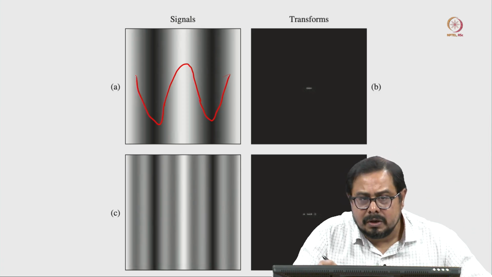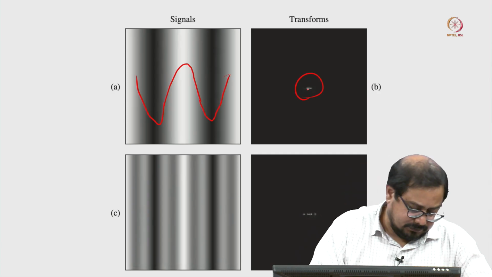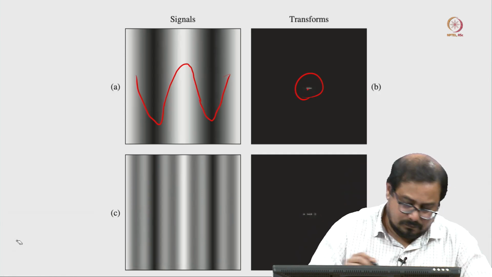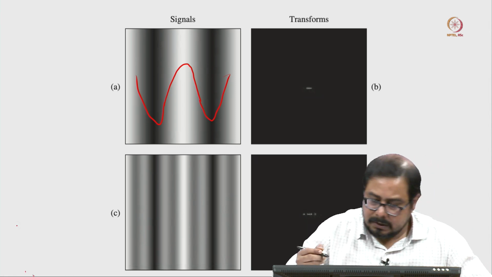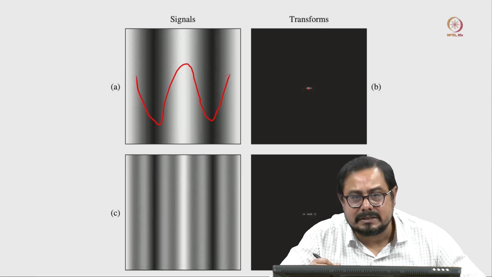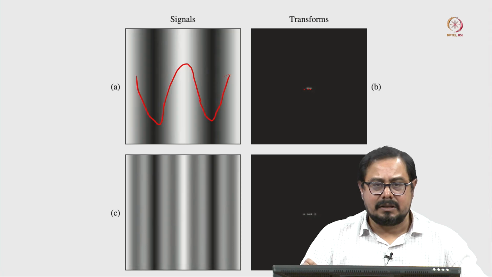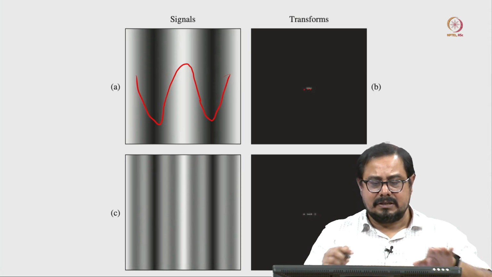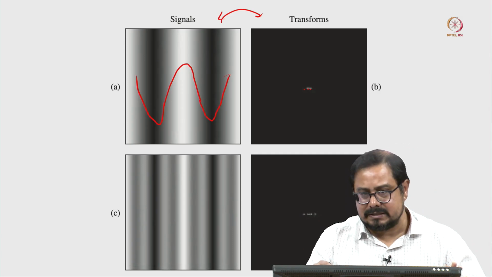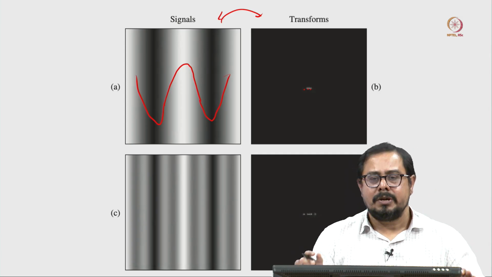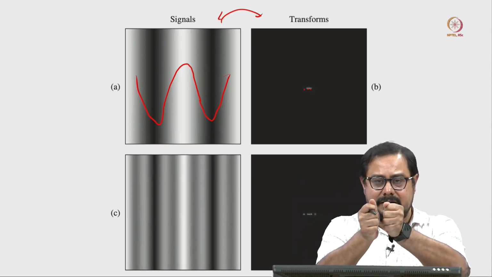If you look here, you can see one bright spot at the center, and then in a very nearby area you get two other spots. So this is the signal and the transform. Here this is the image, and when it is transformed you get this kind of diffraction pattern. Here the frequency is low, so the spots are very close to each other near the center area.